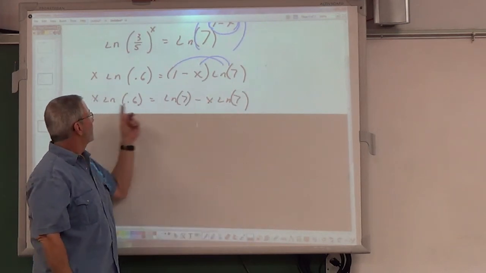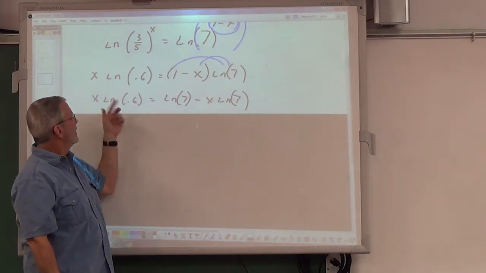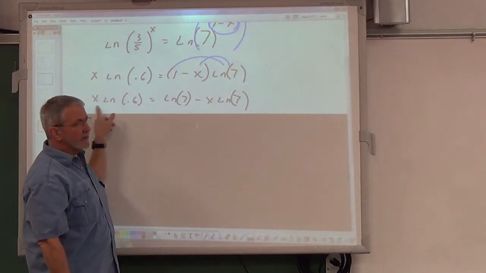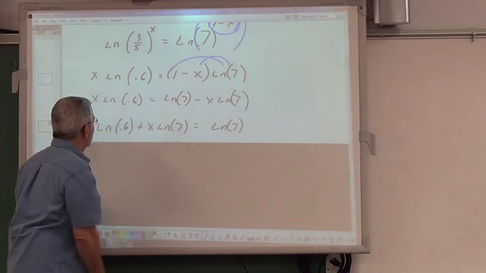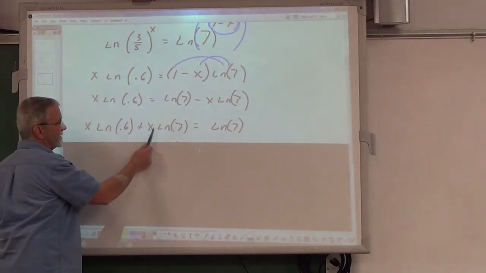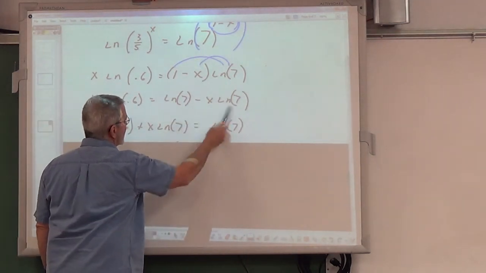Now I want to solve for the x's. So I'm going to take this creature and move him over here with this side because I have an x here. So I'm going to add x ln of 7 to both sides. That's going to give me x ln of 0.6 plus x ln of 7 is equal to what's left over here, ln of 7. This guy here moved over here.